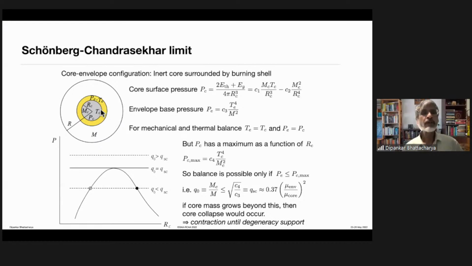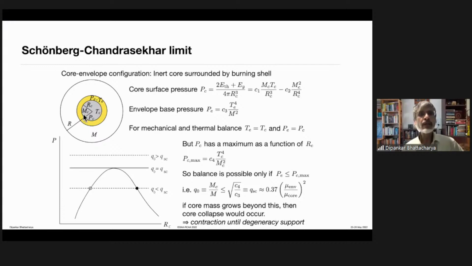The core has contracted a little, it's become hot, and the excess heat energy released by the core because of the contraction has heated up the exterior to the extent that hydrogen burning has begun in a shell.